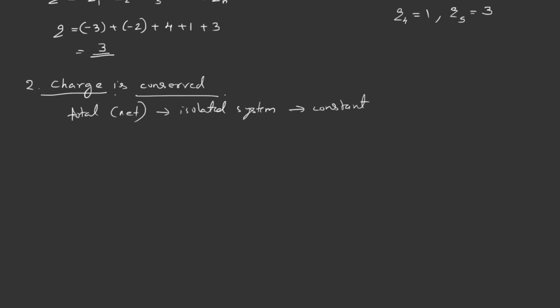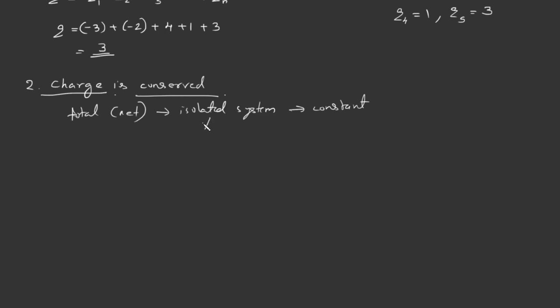What is an isolated system? An isolated system may consist of some group of bodies, some may be charged bodies, some may not have any charge, like that. But the total or net charge of that isolated system is always constant. That is, it is not possible to create or destroy net charge in an isolated system.